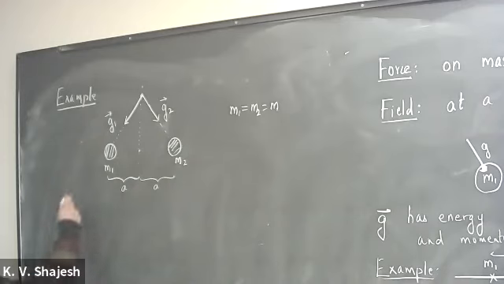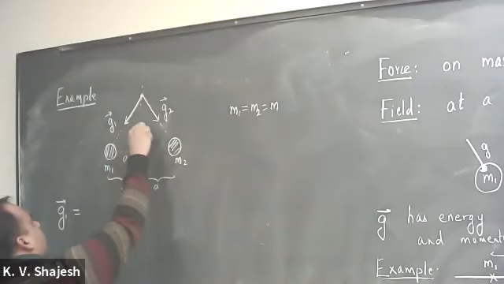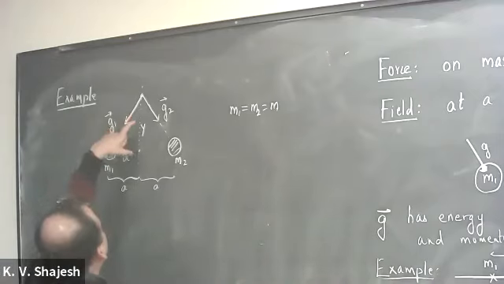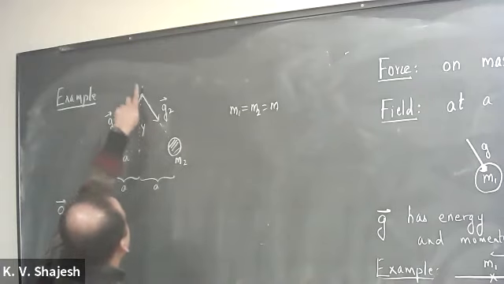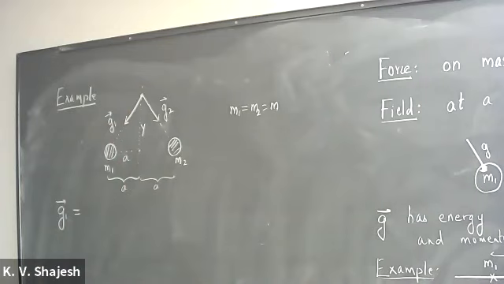So let's see what G1 is. For that I also need this distance, right? So that's my A, and I also need this distance. Let me call that Y. And I'm going to keep that as a variable so that then I can talk about what if I change my Y a little up or down, how does the gravitational force change due to that small change in the position of the mass.